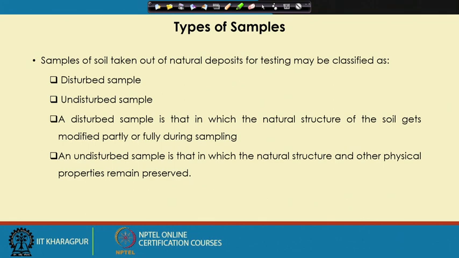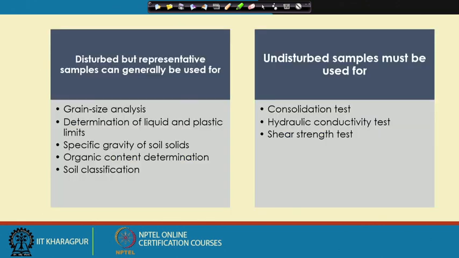The disturbed soil sample is one in which the natural structure of the soil gets modified partly or fully during the sampling, and the undisturbed sample is one in which the natural structure and other physical properties remain preserved. But as I mentioned, we also use the disturbed soil sample to determine soil properties.